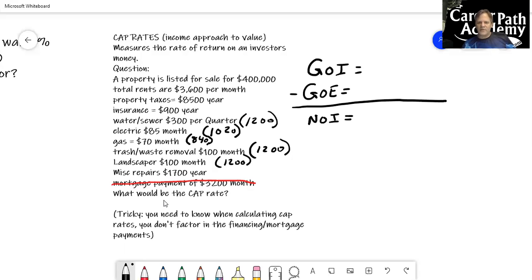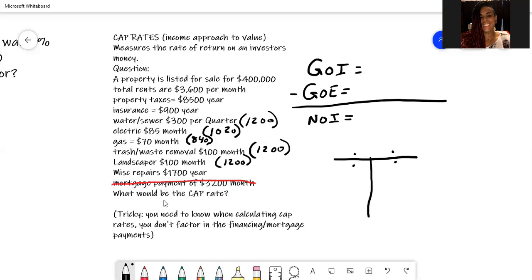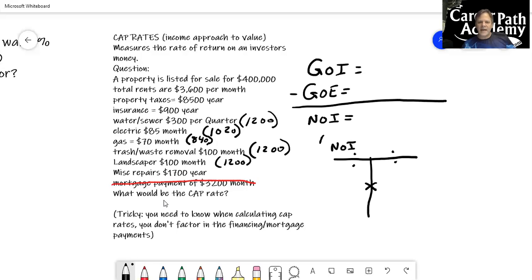And then we could plug that into our T formula to figure this out. So what goes up top? The NOI, but it's the annual. When calculating cap rates, you need the annual NOI.